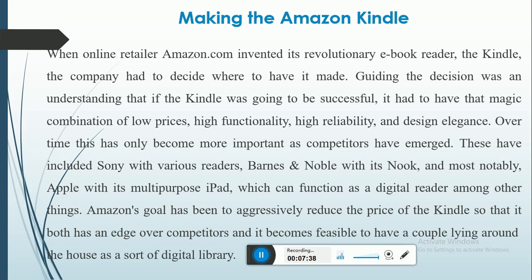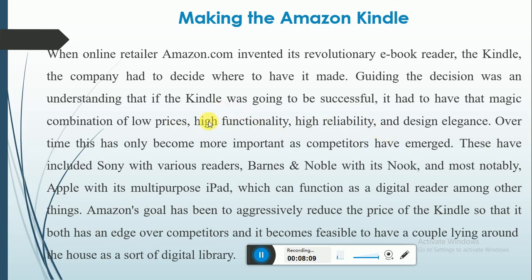So in order to produce a good quality product, with high functionality, high reliability, in very good design at a lower price, so they can compete with Apple and Sony, they decided to produce different parts of this product in different countries. They have contracted with different companies. So why? In order to achieve these things.